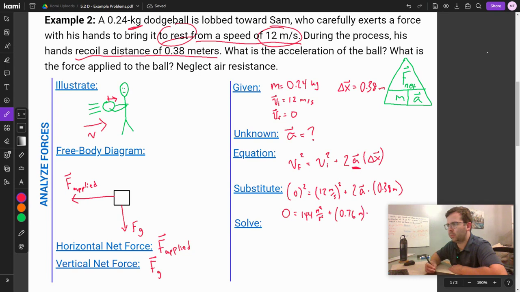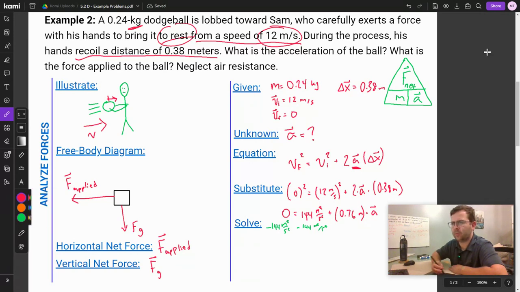And that's still multiplied by the acceleration. I just took the 2 and the 0.38 and multiplied them together. I still don't know what the acceleration is. All right, so now I'm going to subtract both sides by 144 meters squared per second squared, and do that to both sides so it remains equal.